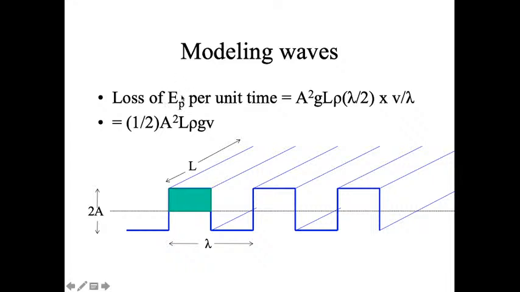We're left with the final equation: the loss of potential gravitational energy per unit time is equal to half of the amplitude or the height of the wave squared times the length of the wave times the density times gravity times the speed of the wave.